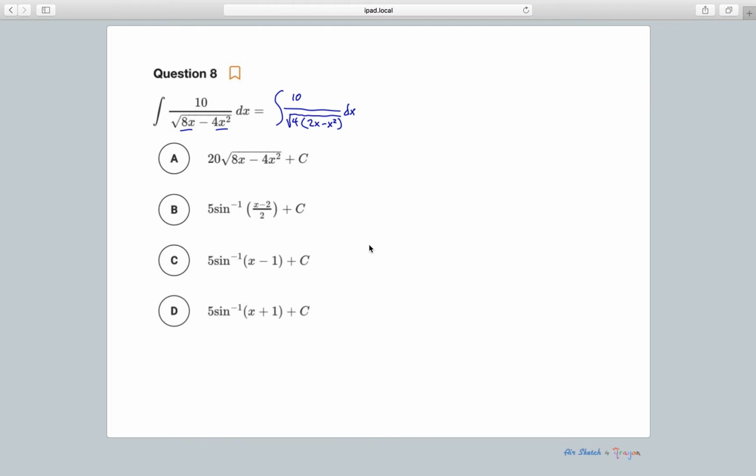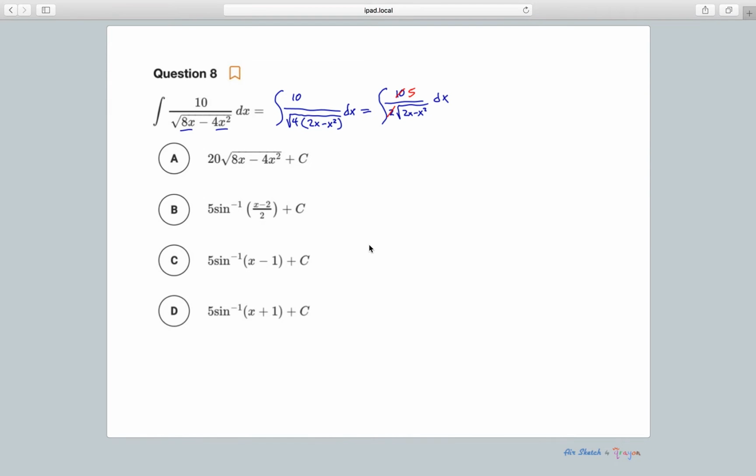And so 4 is a perfect square, so I can simplify that. Square root of 4 is 2. So that becomes the integral of 10 over 2 comes out of the radical, 2x minus x squared dx. Now the 10 and the 2 can reduce, right? 10 becomes a 5.